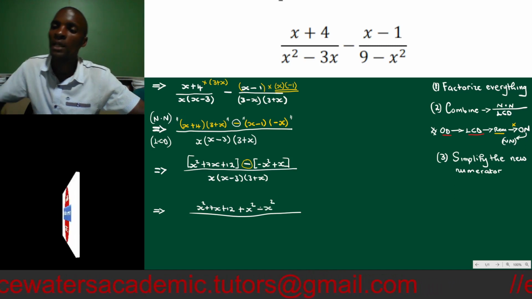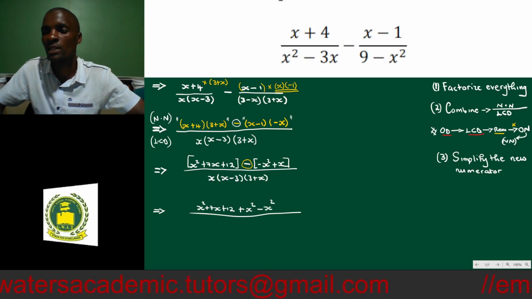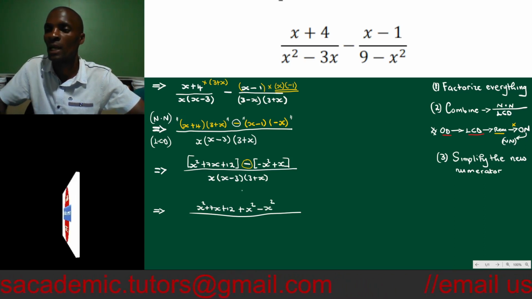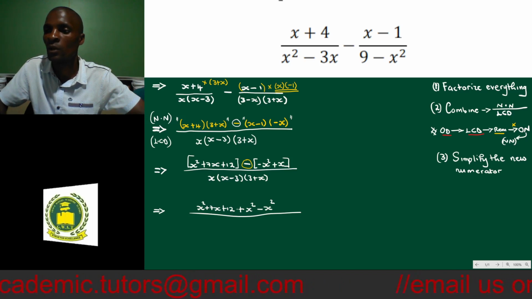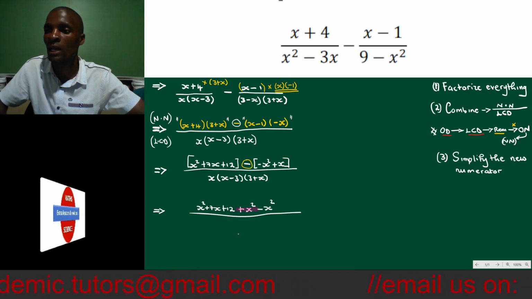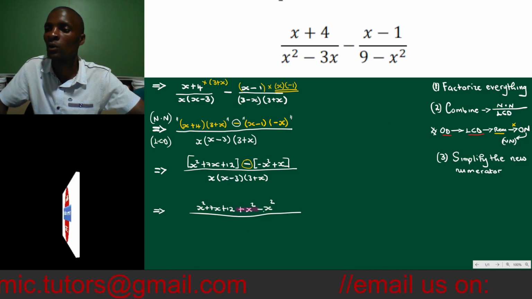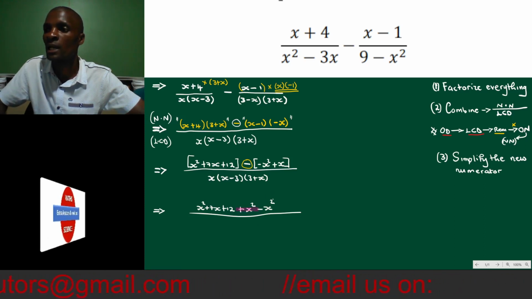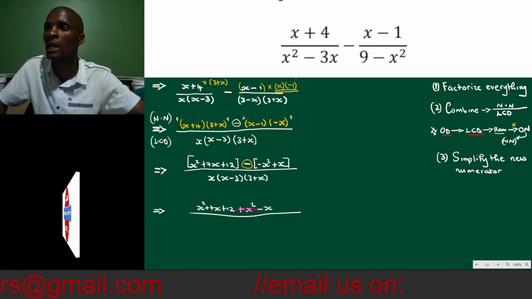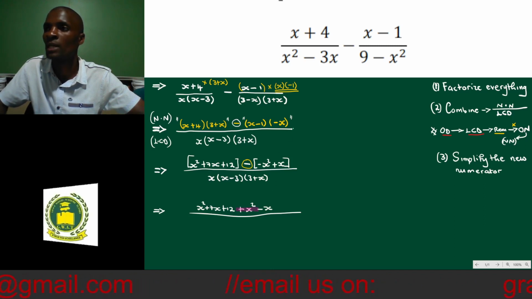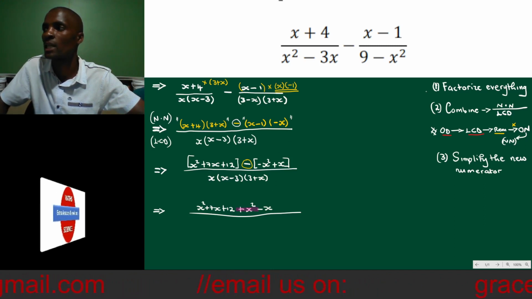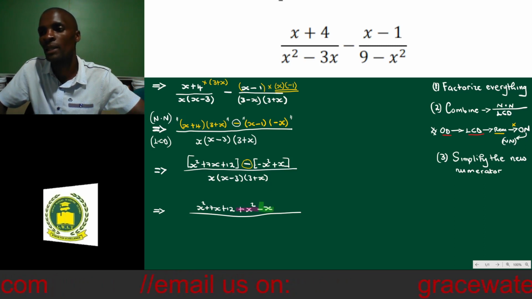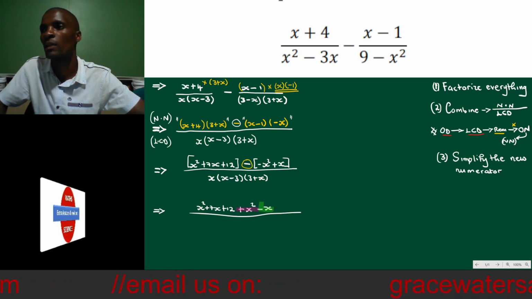If you have tried this question before me, you would find out that maybe you have an error, where your x is a negative and your x is a positive. The main reason why you had such errors is because you didn't put these brackets.